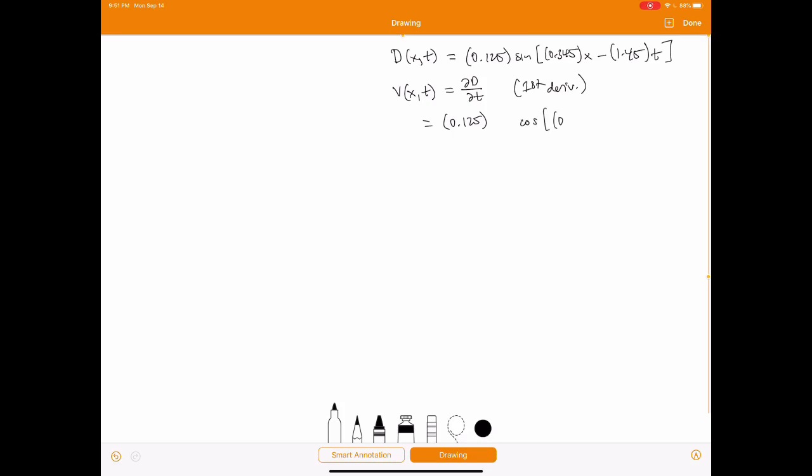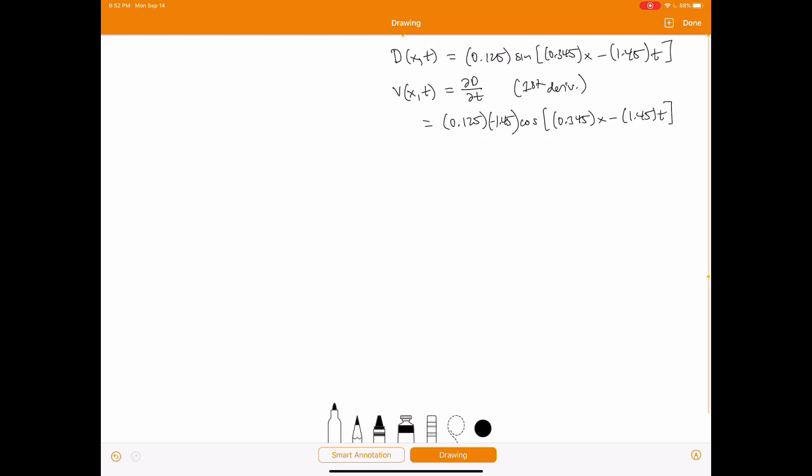So we'll have cosine of that same exact function as before. But we also need to take the derivative of what's inside with respect to time. So remember, x, that's just a constant for our purposes.